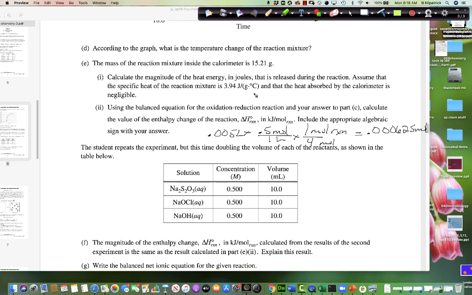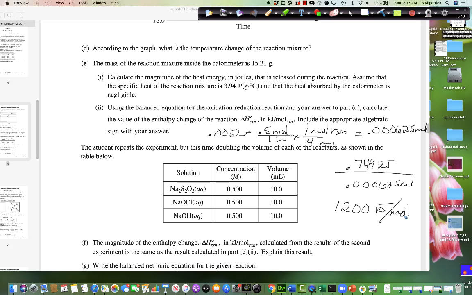And then your kilojoules would be 0.749 kilojoules divided by this. So you're going to get 1200 kilojoules per mole. However, you need to think about this.